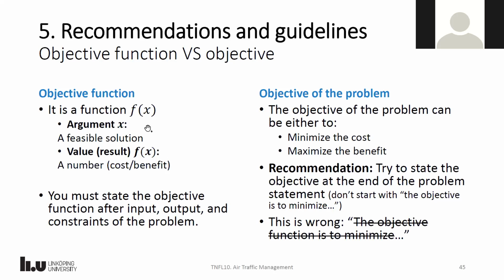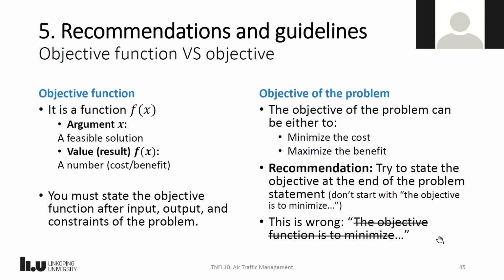So, as a recommendation, try to state the objective at the end of the problem statement. So don't start with the objective is to minimize, blah, blah, blah. And this over here, it is wrong. The objective function is to minimize, blah, blah, blah. This is not correct. The objective function is this cost or this benefit, and the objective of the problem is to minimize or maximize, okay?